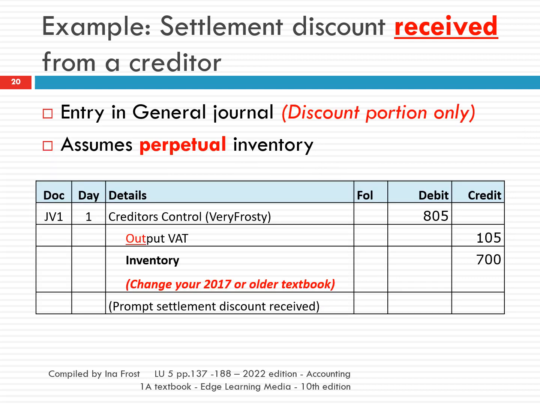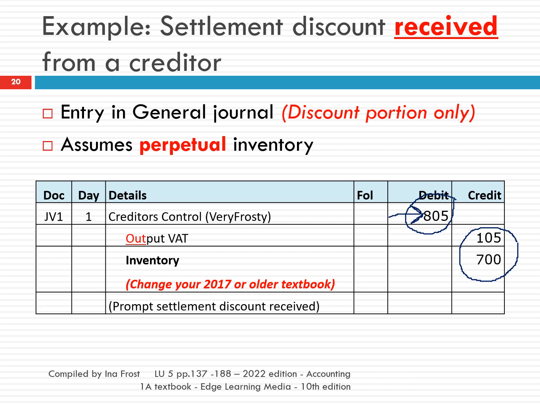So in the general journal, our entry is going to look like this. We are going to debit our creditors control, and we're going to credit our output VAT and our inventory. So you can see again, this creditors control amount here, the 805, that is just the discount portion that we are going to record in our general journal.